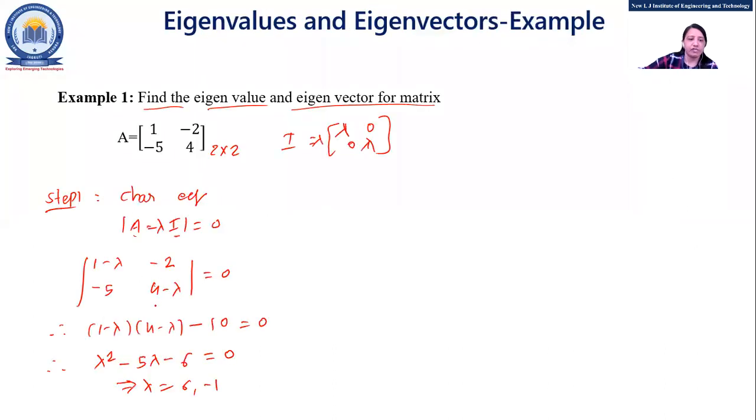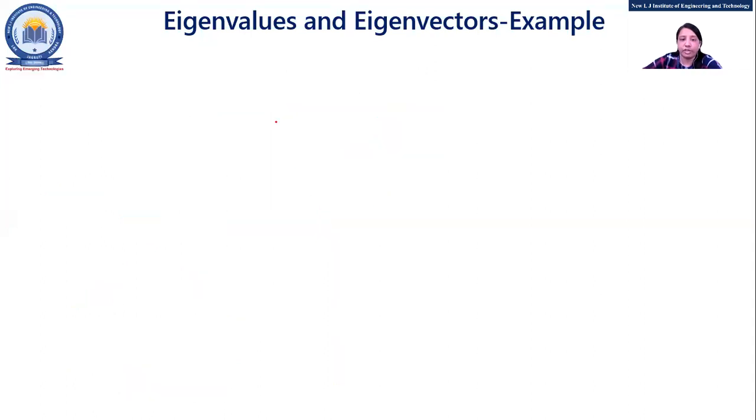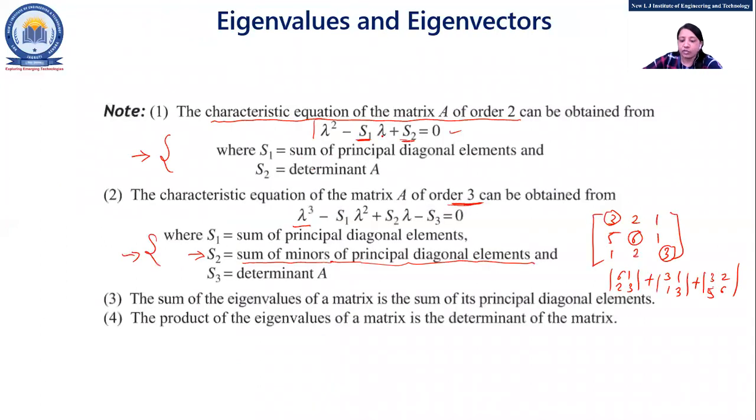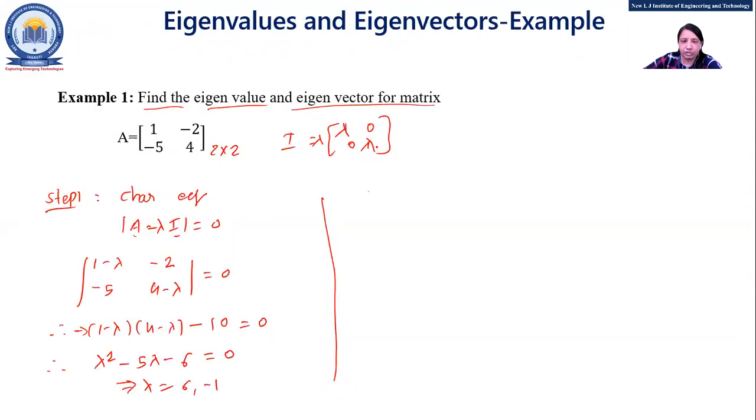I found using the other method, because it is easy for a 2 by 2 matrix. Suppose you want to find it with this equation: for an order 2 matrix, the equation is lambda square minus S1 lambda plus S2. We'll do it using this method also.